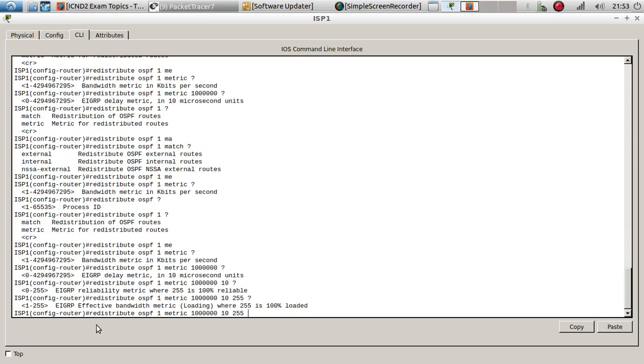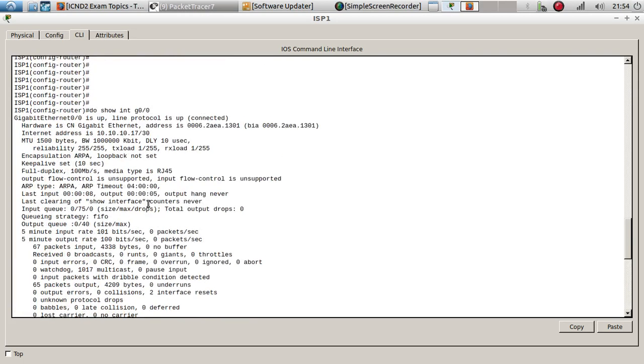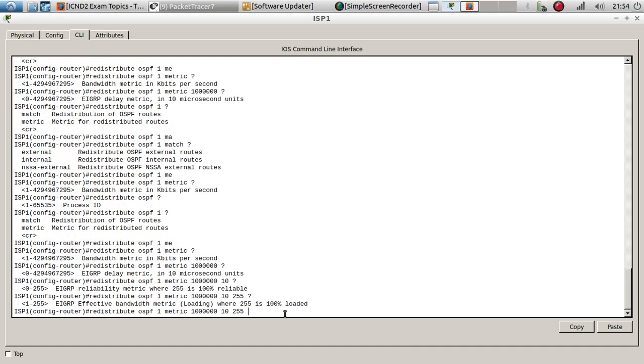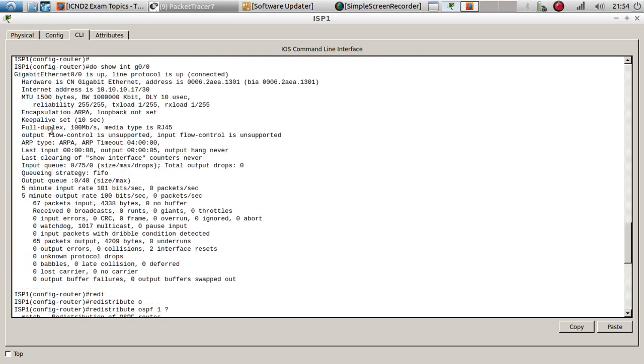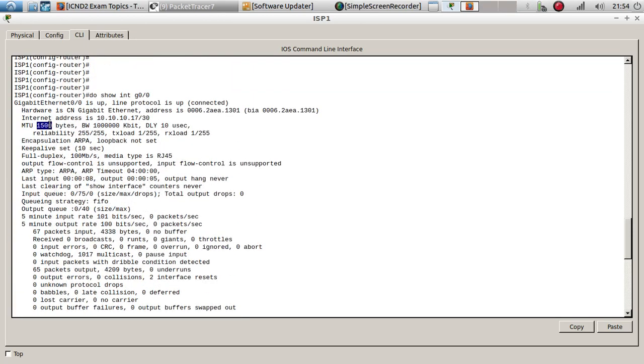The next question is the loading, and the loading is right here. Loading is 1. Let's go ahead and type 1, and then after that it's going to ask us for the MTU. The MTU, I believe, is 1500 right here.